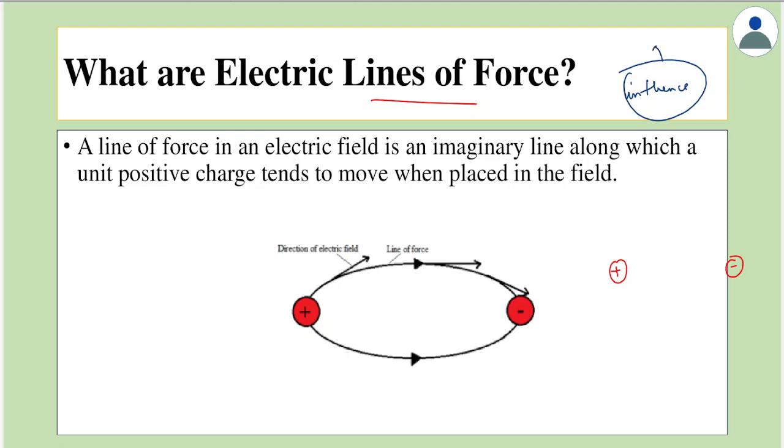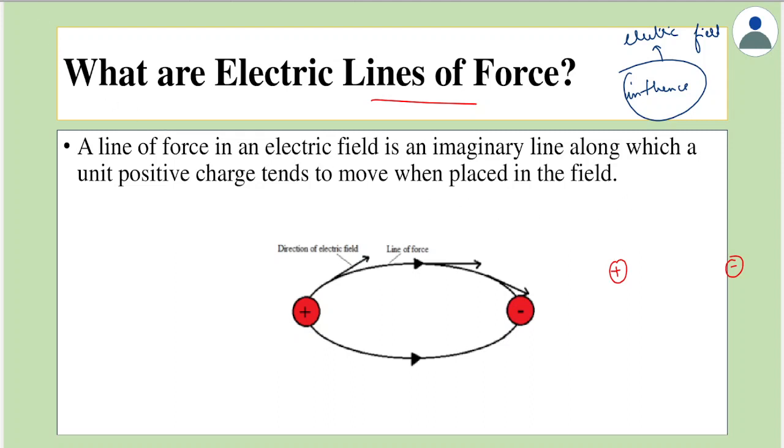This influence was called electric field. Electric field is seen through electric force, but electric fields are physical quantities. We can't see them physically, so we can't even draw them.